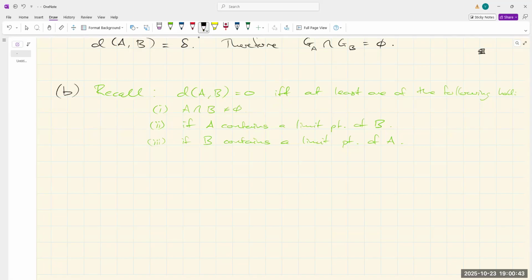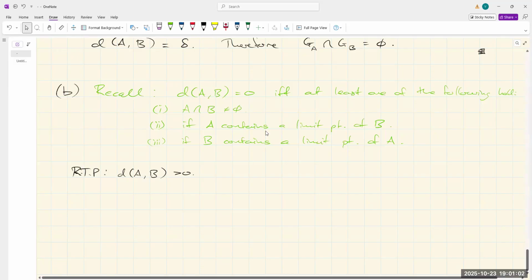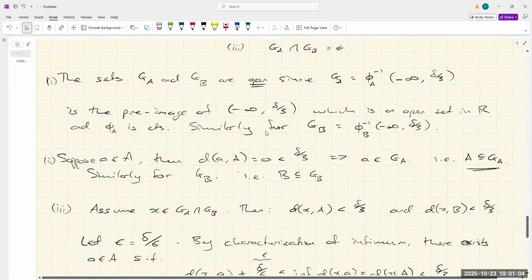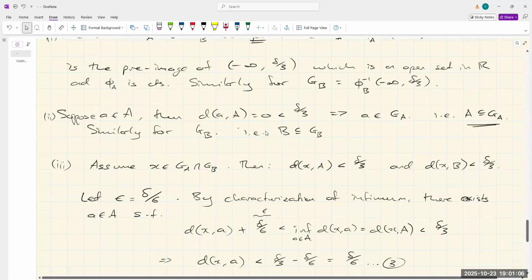They're asking us to prove why, if we have A and B being disjoint compact sets, the distance between them is strictly positive. That's a fact that we used in this proof.